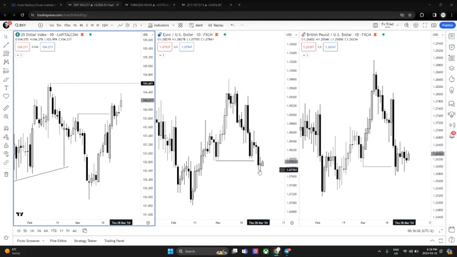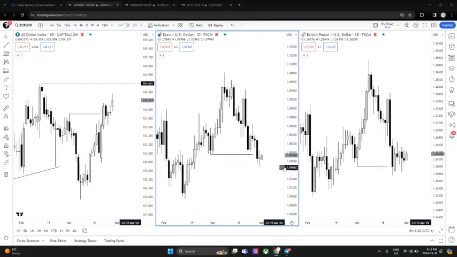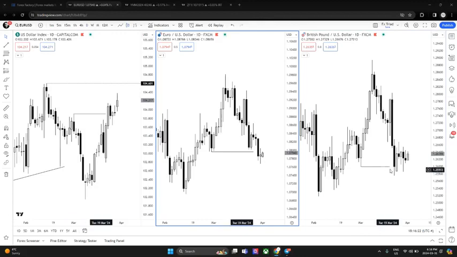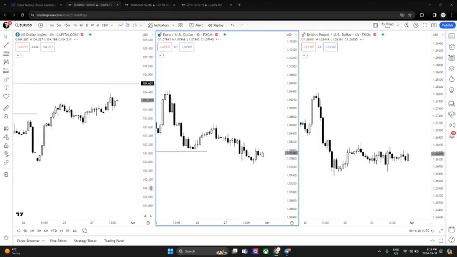So currently, we are still expecting the dollar to take this high. And if the pound takes this low and this one doesn't, then that would show us that we have SMT, something to work with, or we have it on the lower time frames.